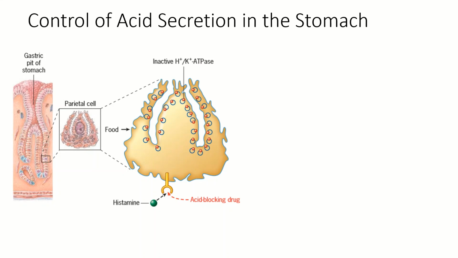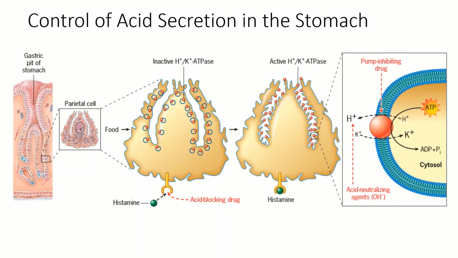The same mechanism happens here in the secretion of acid in the stomach. So notice there is another ATPase here, a pump. This time, a hydrogen ion and potassium pump. So it uses ATP to move potassium and hydrogen against their concentration gradient.